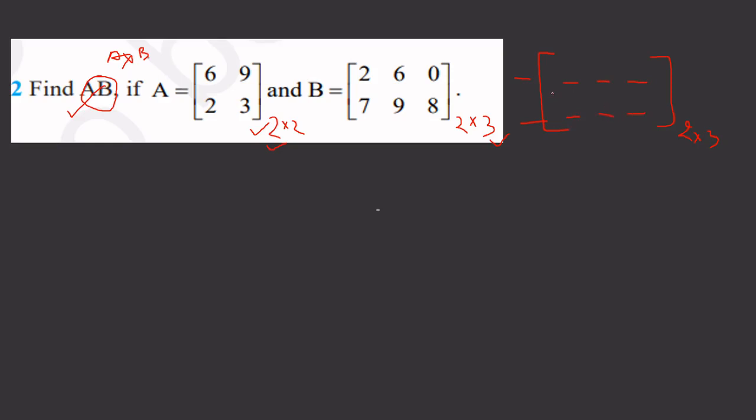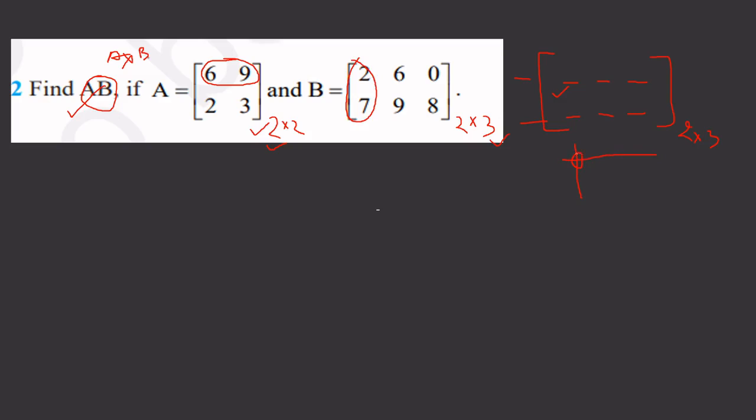For the first element we have to multiply the first row with the first column. We can see that this is our first row, and multiplied with the first column we get this entry.